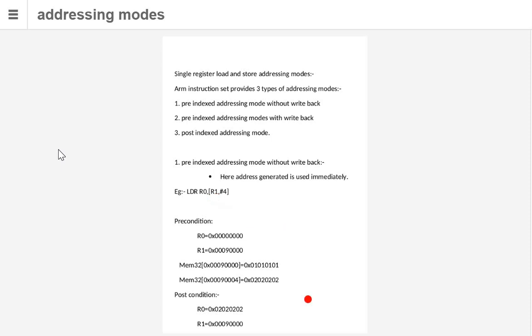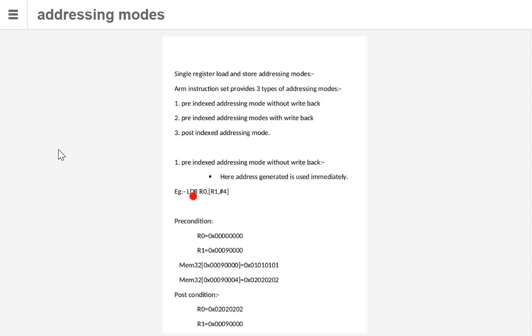The summary is that the addressing mode will tell you the various ways of writing an instruction. Single register load and store instructions are LDR for load and STR for store. So here we always have a single register for storing the data or for loading the data.